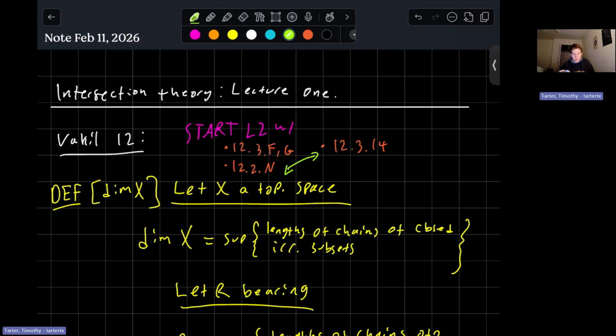Bertini's theorem, definitely valuable. Maybe we'll end tomorrow with the start of discrete valuation rings, because that sets us up for divisors. And then the next day we can get into 13 and then 14.1.